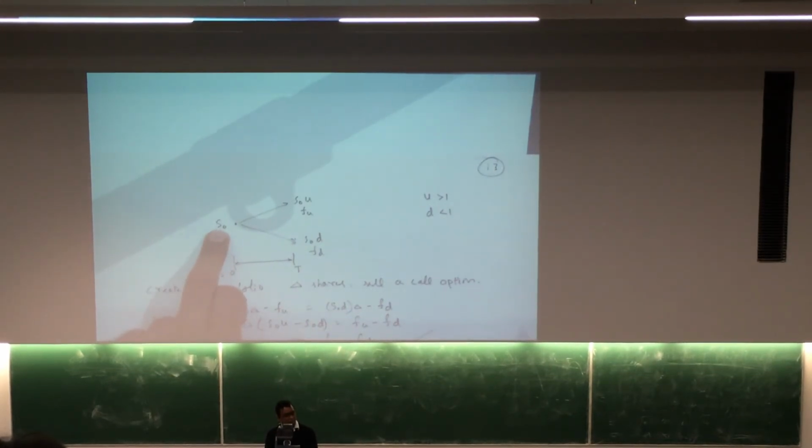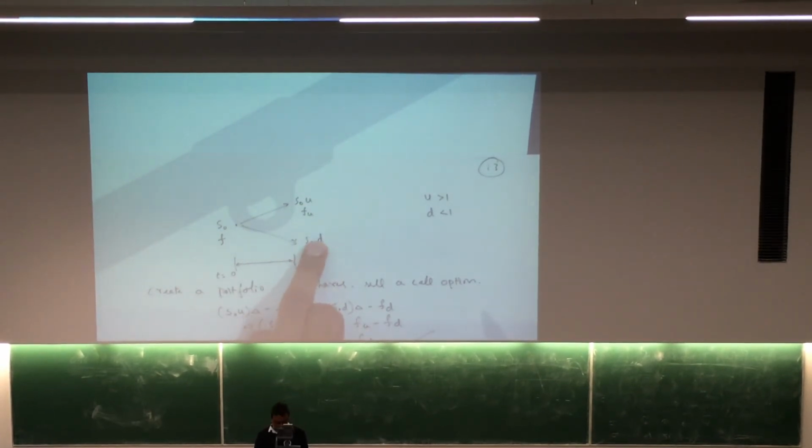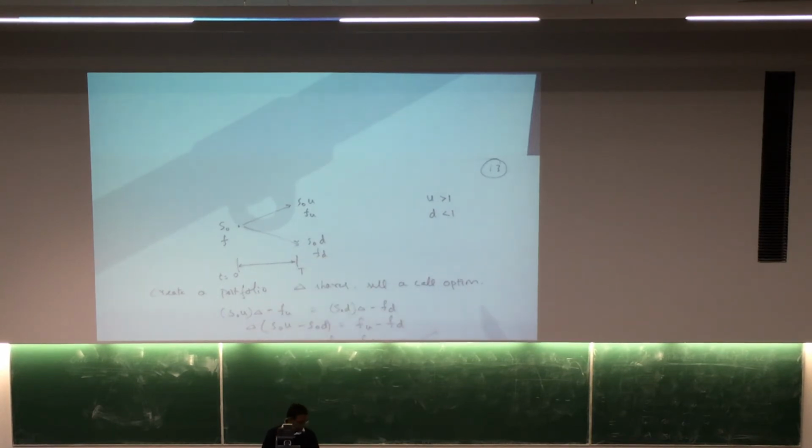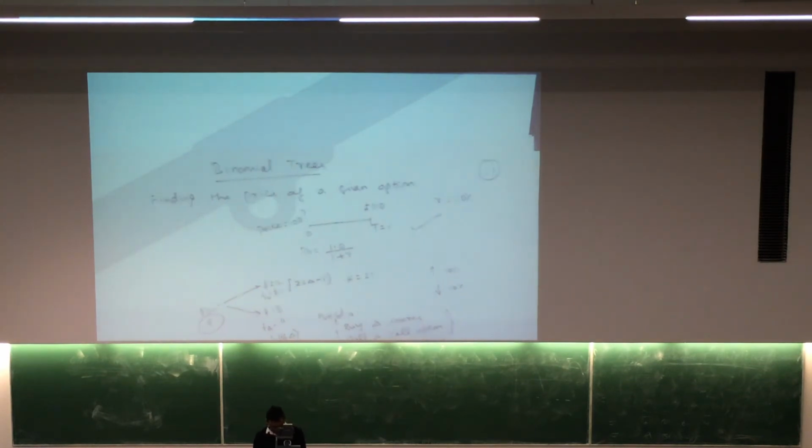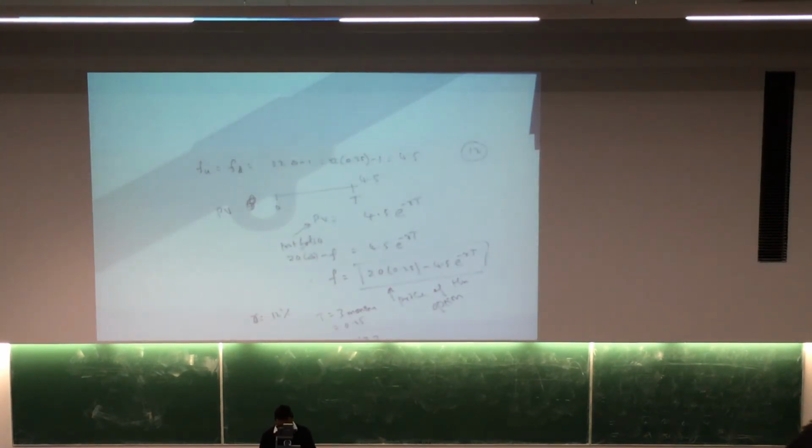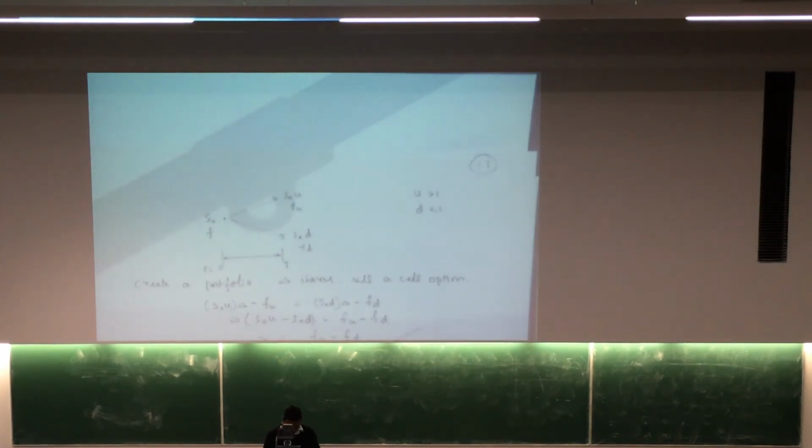You have stock S0, and that might go up, that might go down. When the stock price is up, the value of the option is FU, and when it is down, the value of the option is FD. The numerical example is this one.